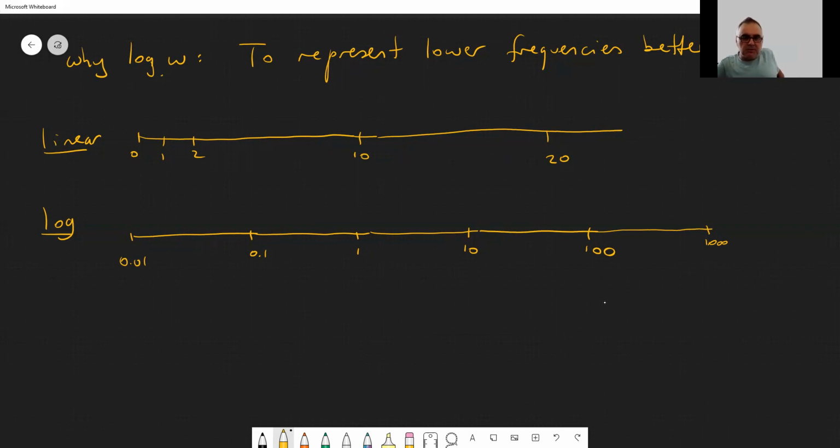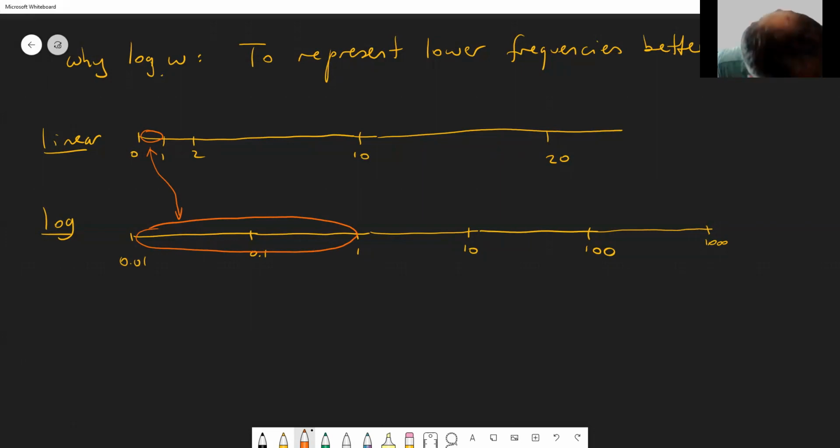The lower frequencies, like up to 1, which have this much space here, can be given this much space. So it represents the lower frequencies in a much better scale. The logarithmic plots are quite useful in many cases.